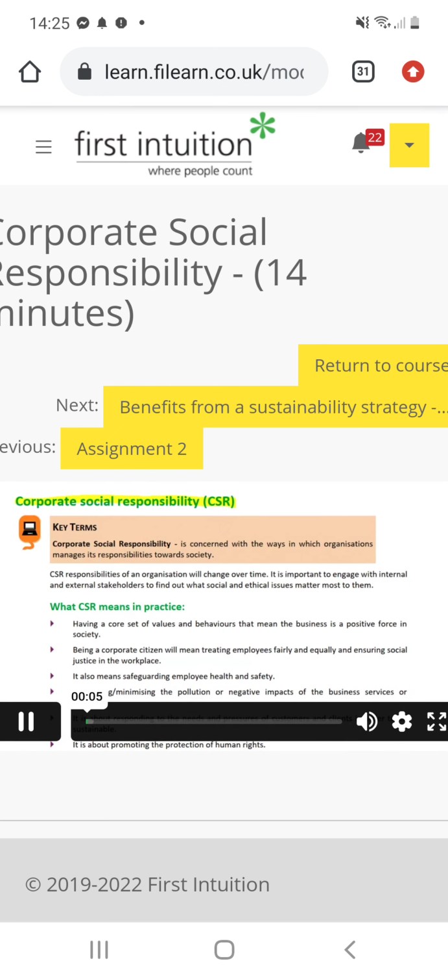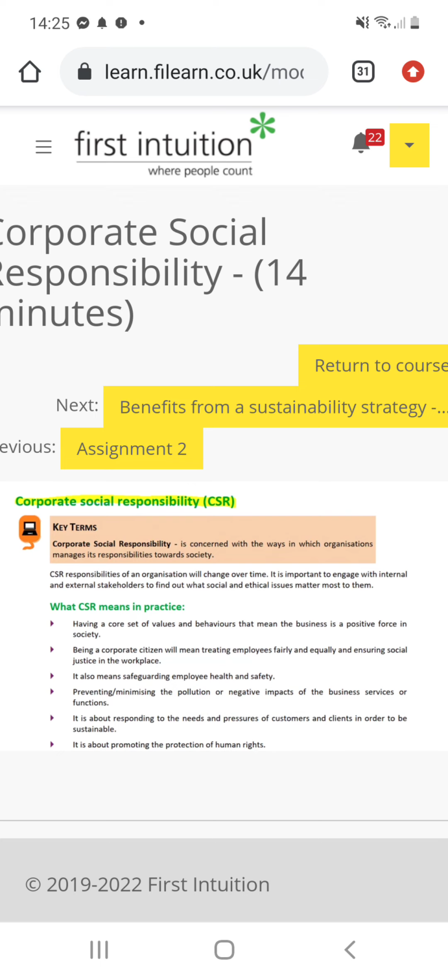Social responsibility, ethics, and sustainability. Let's begin with CSR, or corporate social responsibility. If you first of all think about your own social responsibility, how do you behave in relation to the environment around you? Well, imagine you're walking to the shops.